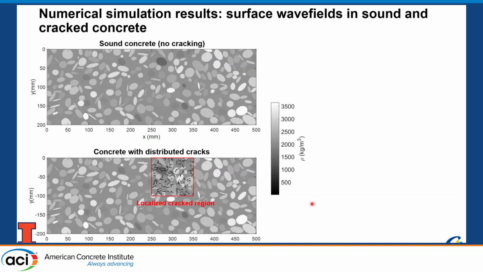The bottom is the same model, but we've inserted a zone of near-surface cracks. That's the difference between the two. The cracks are just discontinuities in the finite element model, so it's a very rough simulation, but the purpose here is to illustrate what happens.